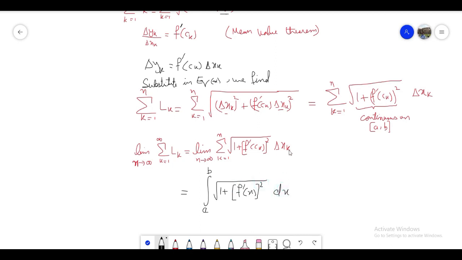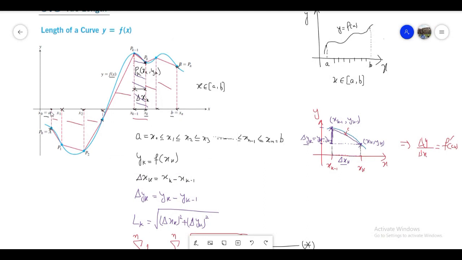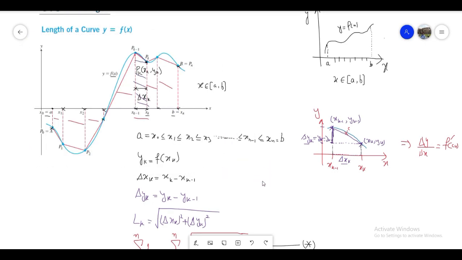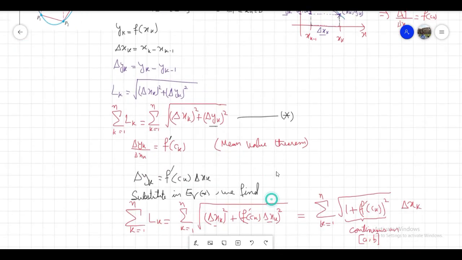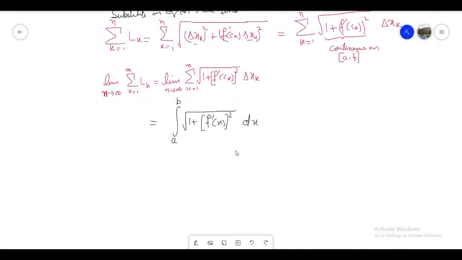Of course, the width of the interval is converted into the differential, which is dx, and the a and b come from the length of the curve, because it was starting from here and ending at this point B. And this is basically the formula for the arc length.